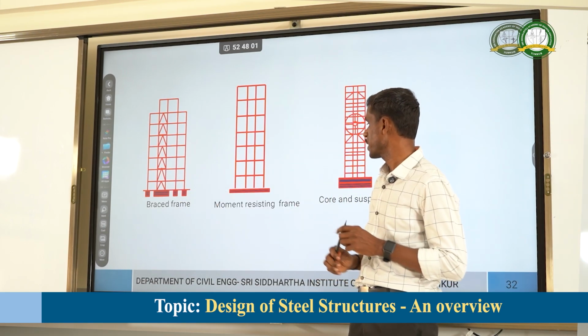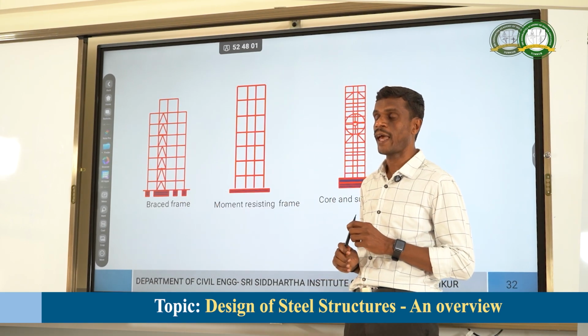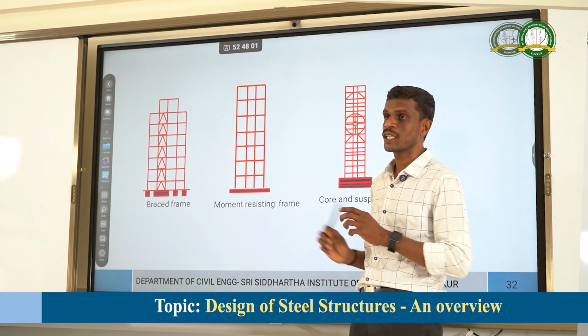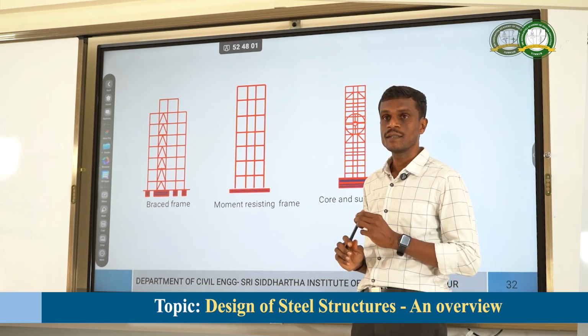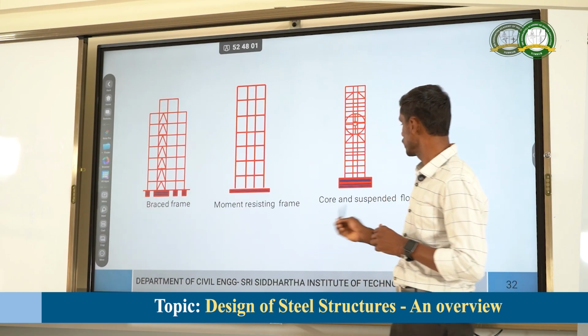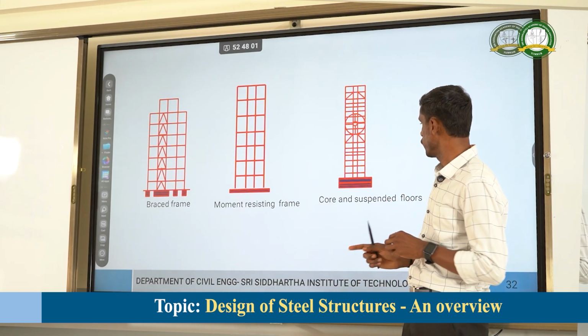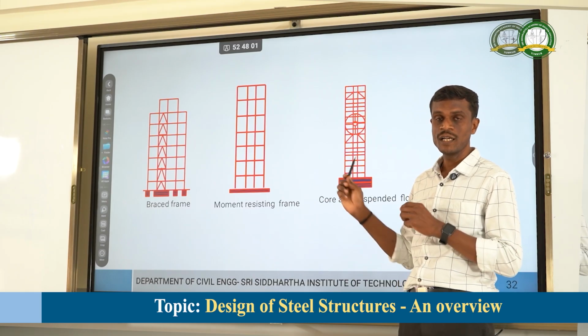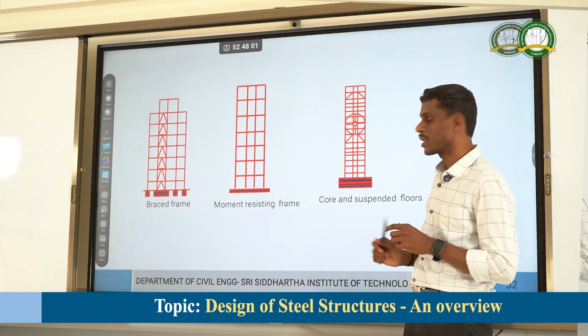Next, moment resisting connections. So here the moment will be acting at the beam column junction. So these moments can be resisted by providing maximum loads. So this is a core and suspended floors. Here we can come across both circular section, angle section, diagonal section and moment resisting section.